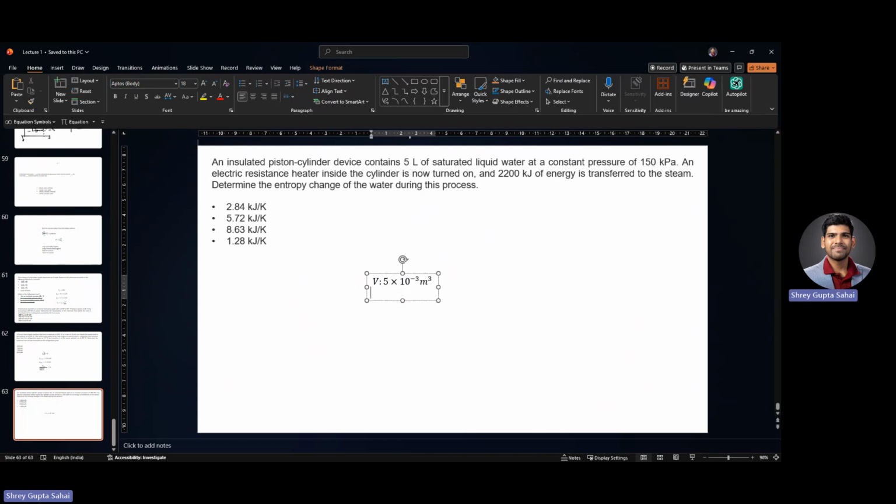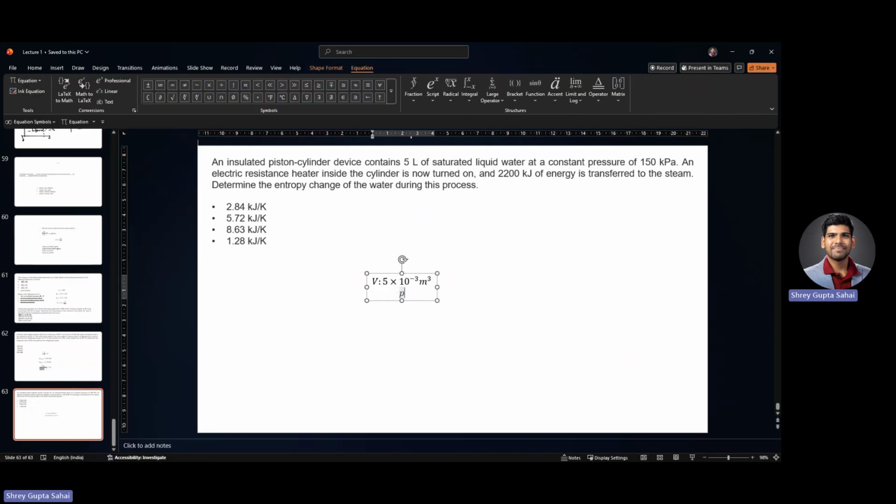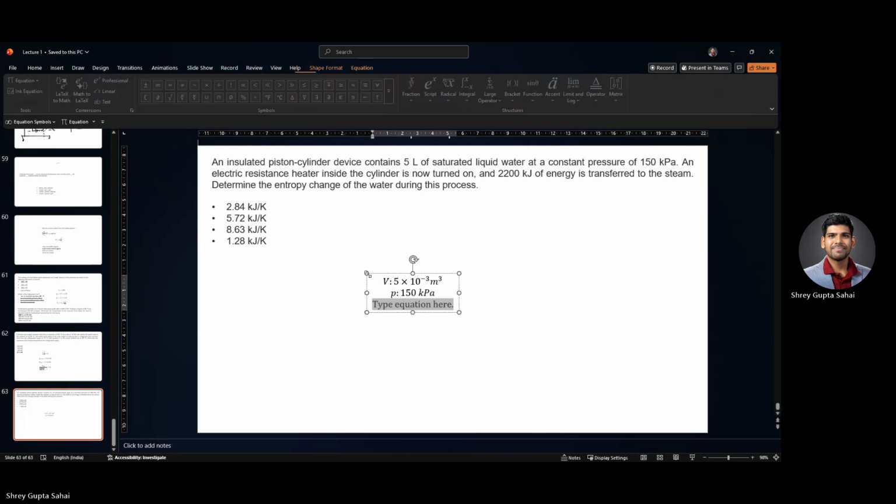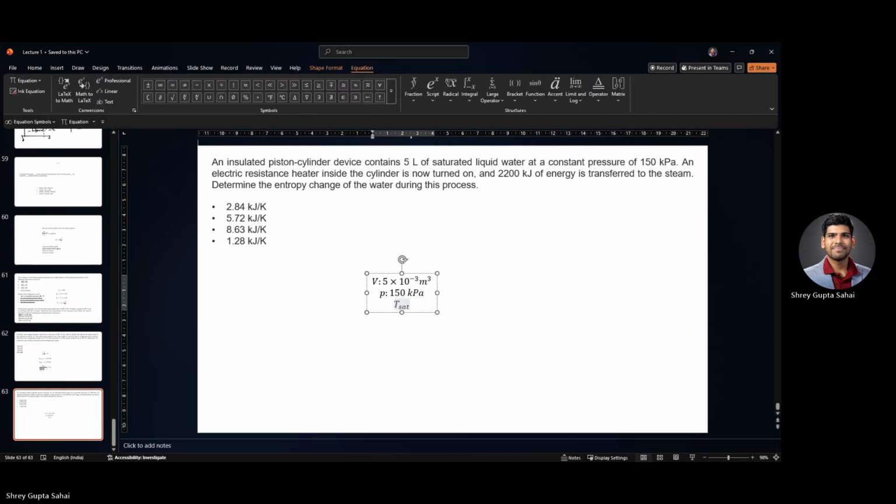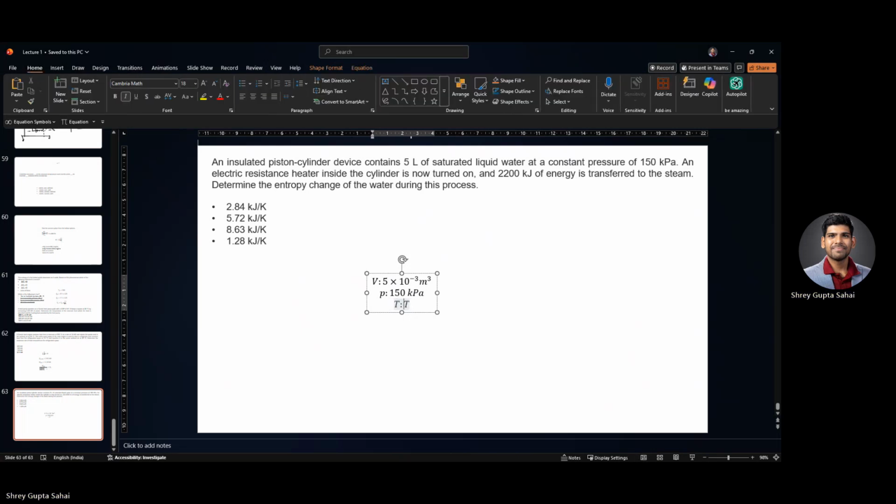Then we have saturated liquid. It also says that we are at a pressure of 150 kilopascals, which should correspond to T sat at 150 kilopascals.